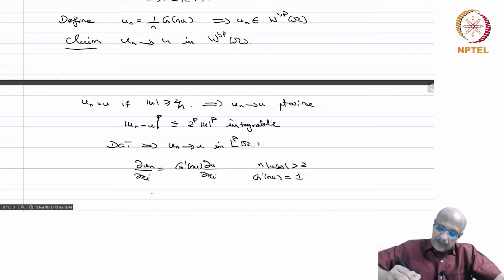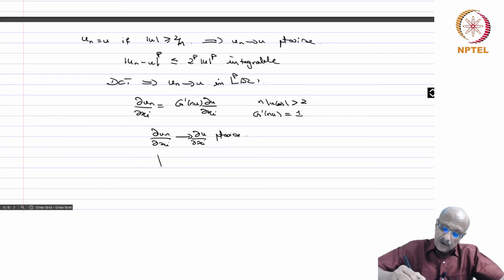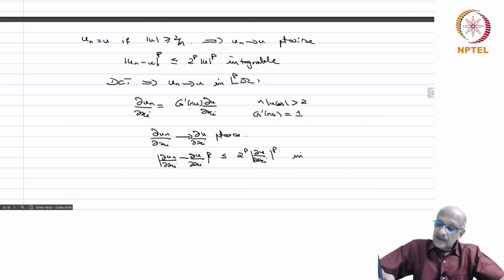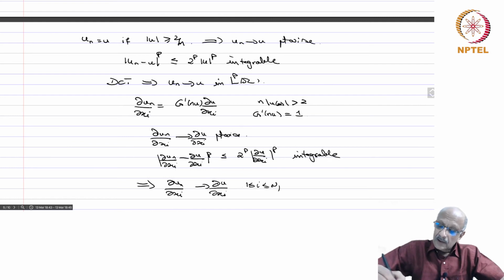So du_n by dx_i also converges to du by dx_i pointwise, and again |du_n by dx_i minus du by dx_i|^p is less than or equal to 2^p |du by dx_i|^p, and this is integrable, and therefore this implies that du_n by dx_i goes to du by dx_i, for 1 less than or equal to i less than or equal to n, in L^p(omega).